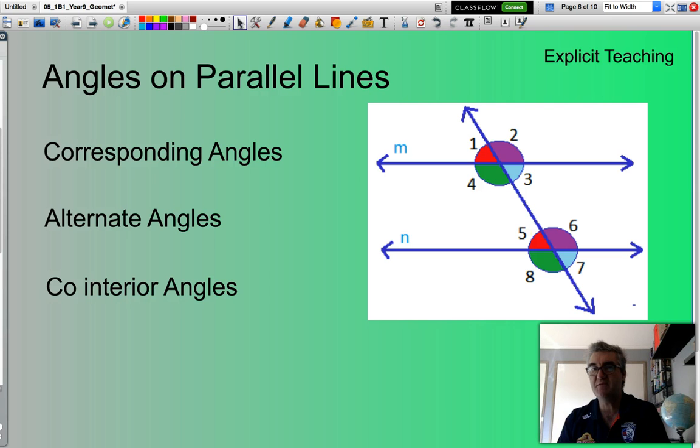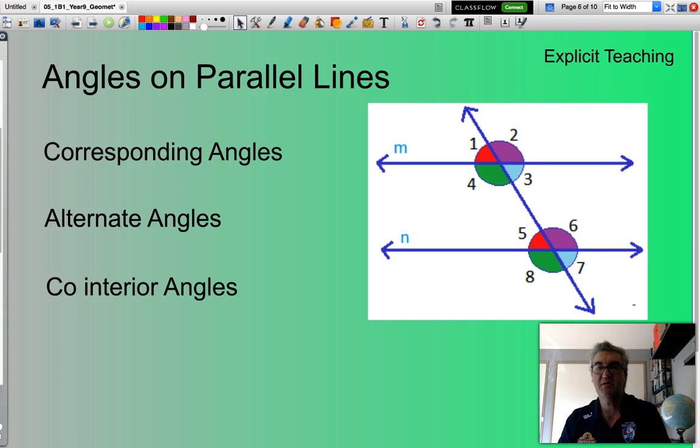They have the same magnitude or the same number of degrees. Angle 4 and 8, so the two green angles there, are the same. Angle 2 and angle 6 are the same. Angle 3 and angle 7 are the same. So there are 4 sets of corresponding angles there.